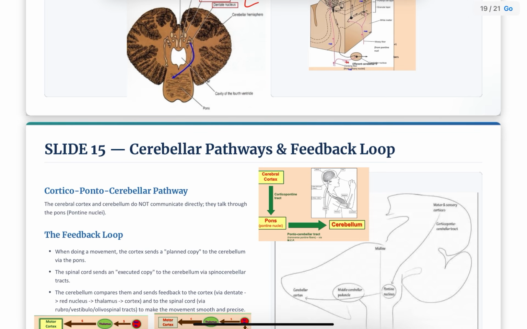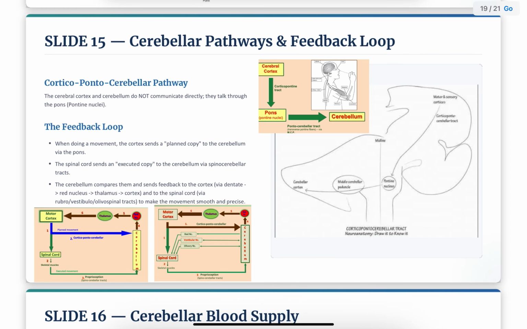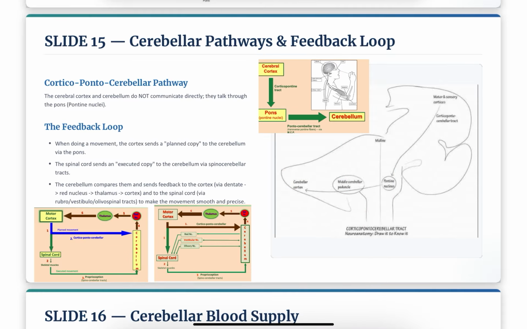Okay, so now let's understand how the cerebellum actually helps us make smooth and precise movement. One important point is that the cerebral cortex and the cerebellum do not communicate directly.